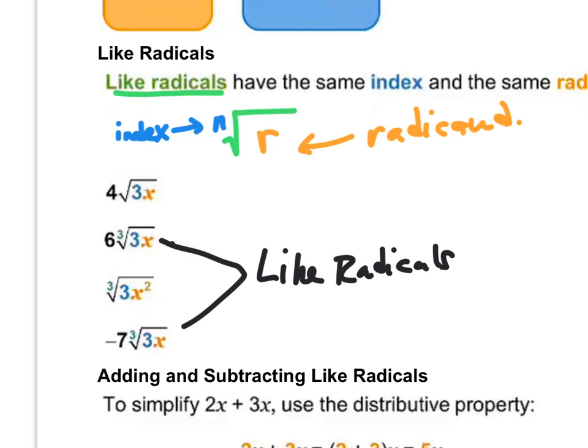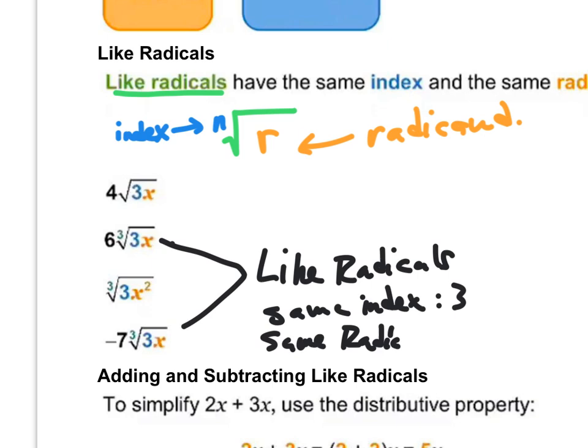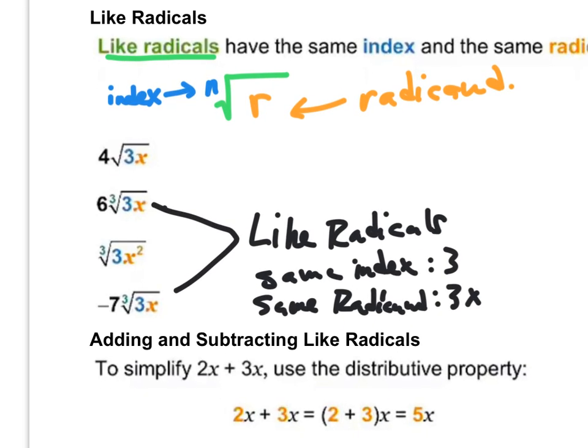They have the same index, which is 3, and they have the same radicand, that is 3x. That's what I'm looking for: which ones are like radicals and which ones aren't.